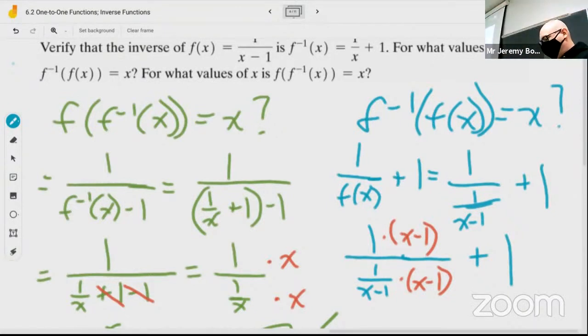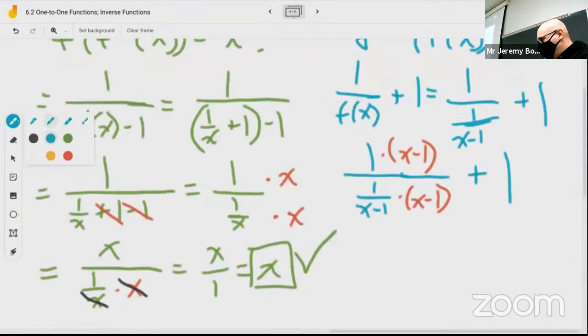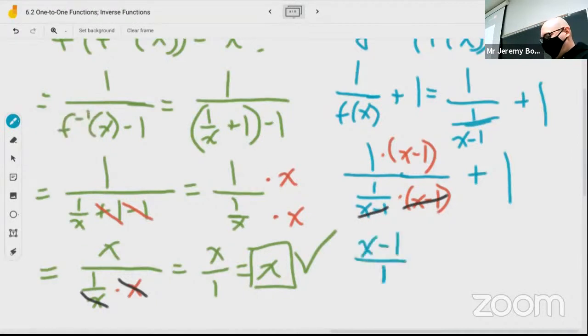So what's going to happen? Well, this and this will reduce, so we're just left with a 1 in that denominator. That's pretty nice. In the numerator, you got 1 times x minus 1, which is just going to be x minus 1. We have x minus 1 over 1 plus 1.